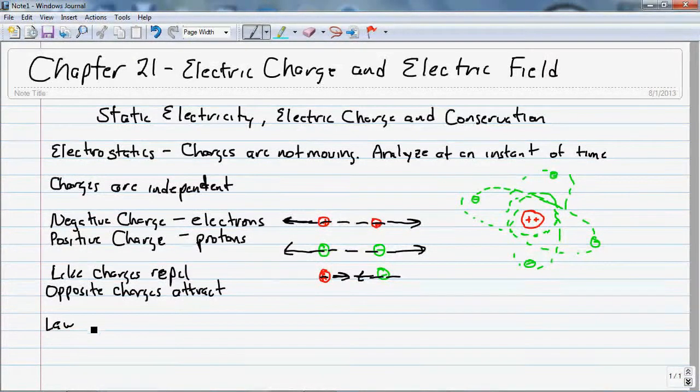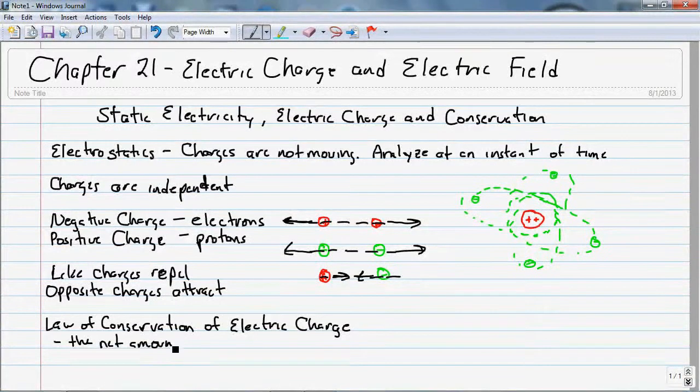So the law of conservation of electric charge, kind of like the law of conservation of energy, is that the net amount of electric charge produced in any process is zero.